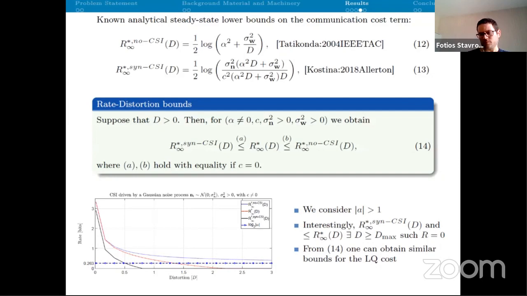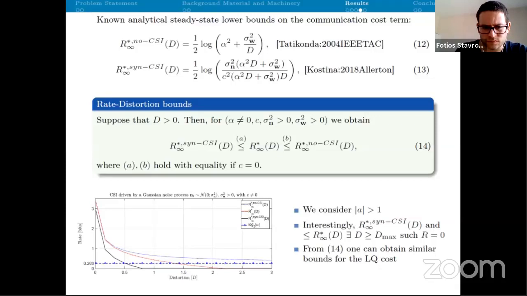Interestingly, we see that although the non-causal side deformation is known to achieve rates that can never reach the absolute minimum, that is the log of the unstable eigenvalues, the bounds with causal side deformation have always a maximum distortion beyond which the rate is equal to 0.